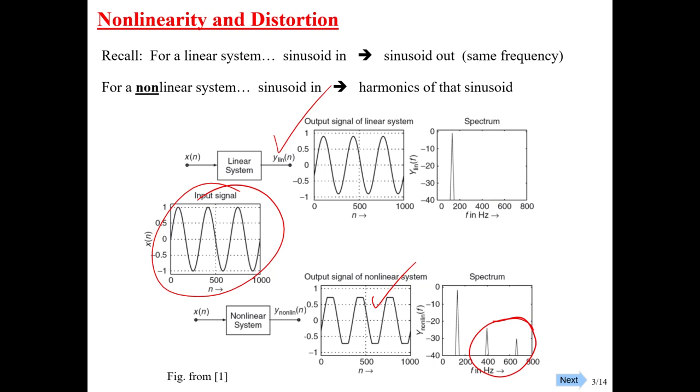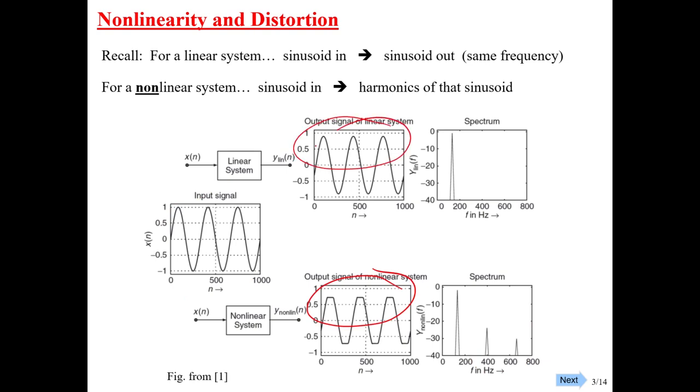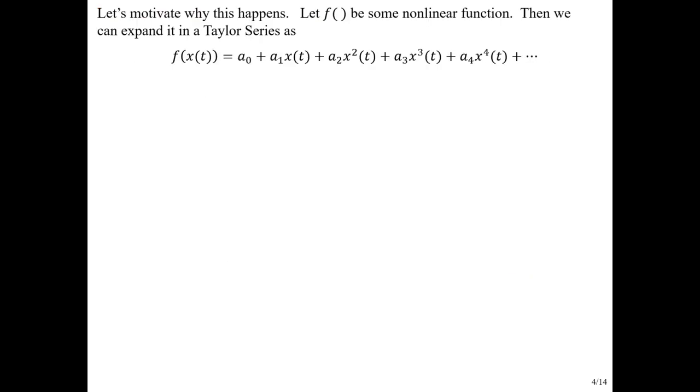And the amount of distortion, we can see how it's distorted in the time domain, but we can also characterize the distortion by how much power there is in those extra frequencies that are added in. And those will always be harmonics if we put a single sinusoid in, integer multiples of the fundamental. So let's see why that happens.